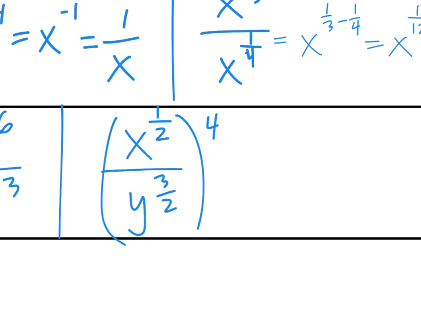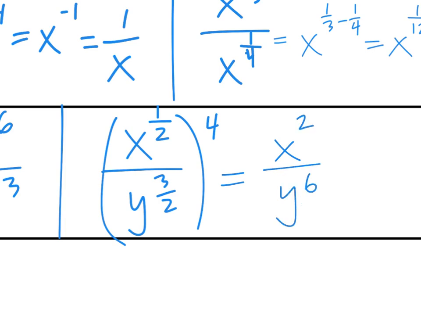Write down what you think the answer is. Okay, Mark, do you have the answer? X squared over y to the 6. Yes, x squared over y to the 6.